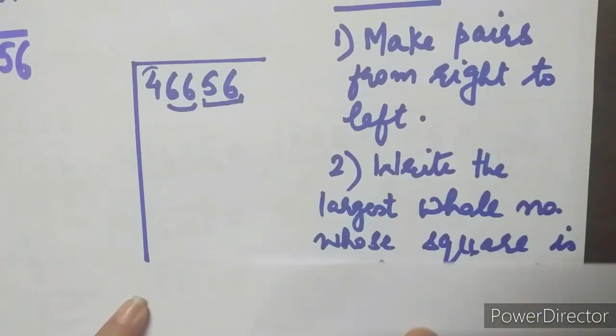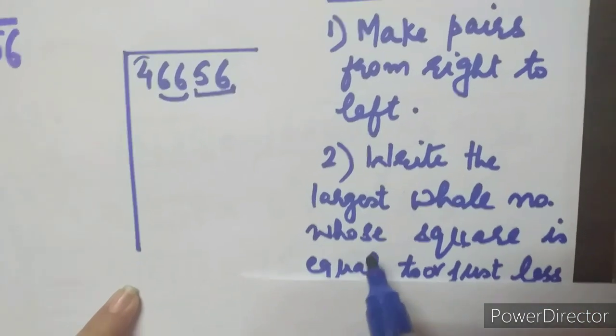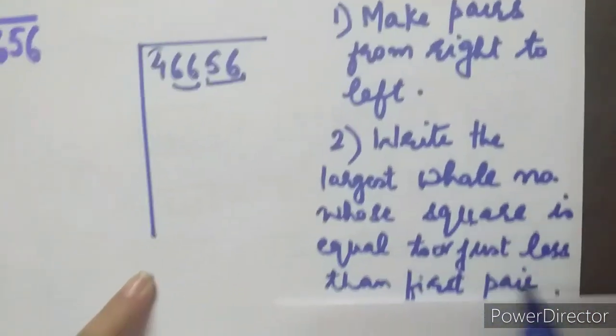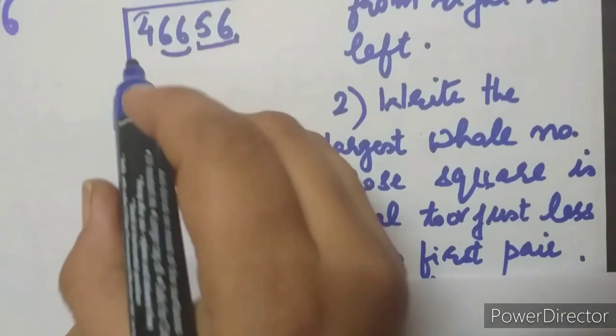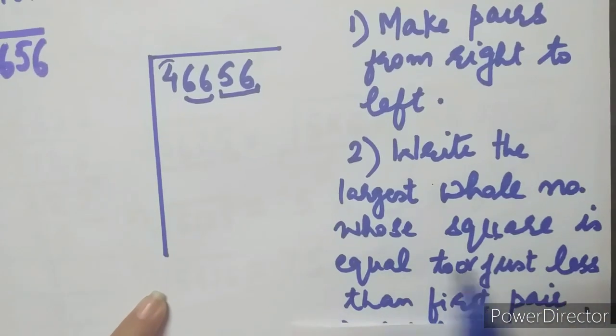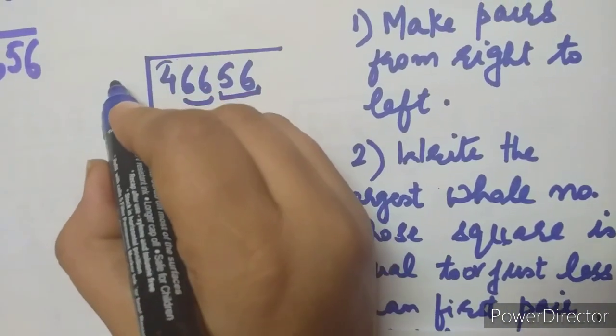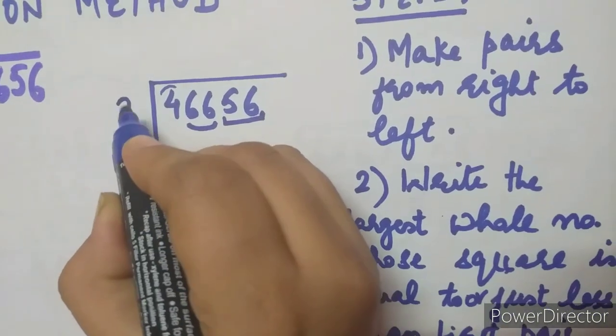So I have written here: next step is to write the largest whole number whose square is equal to or just less than the first pair. Now our first pair is unpaired here, no problem, let it be. So here I write that largest whole number, very easily you can say that number is 2.